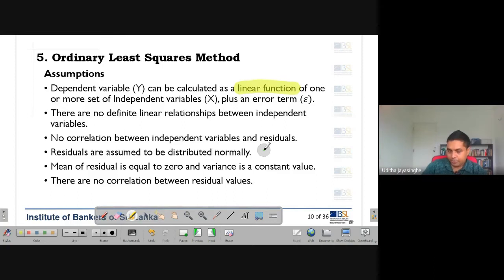But be mindful that when there are multiple variables, if there is any linear relationship between those variables, then the model is going to be further simplified. So we will revert to this second assumption once we discuss multiple linear regression models. For the time being, just keep in mind there is no exact linear relationship, plus no relationships among the independent variables.